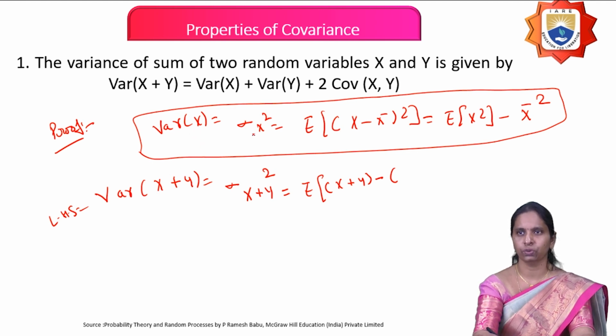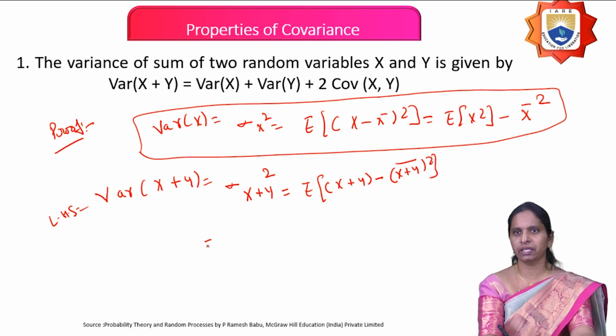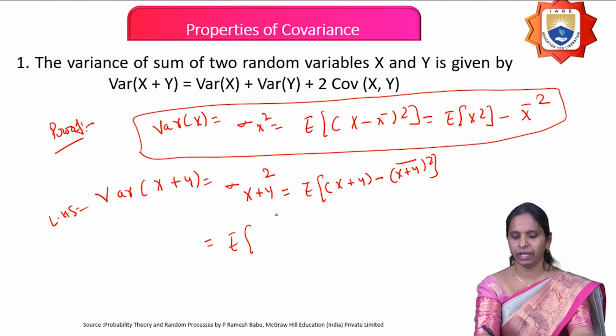Therefore, x plus y minus, in place of x bar you have x plus y bar here, whole square. Compare these two. If you simplify this, you obtain expectation of, in place of x, x plus y whole square minus x plus y bar whole square.